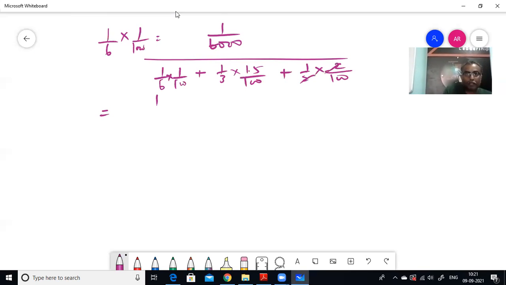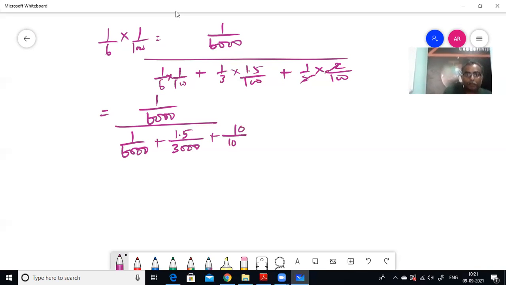That is equal to 1 by 6,000 divided by 1 by 6,000, plus 1.5 by 3,000, plus 1 by 100. You put 10 by 1,000.